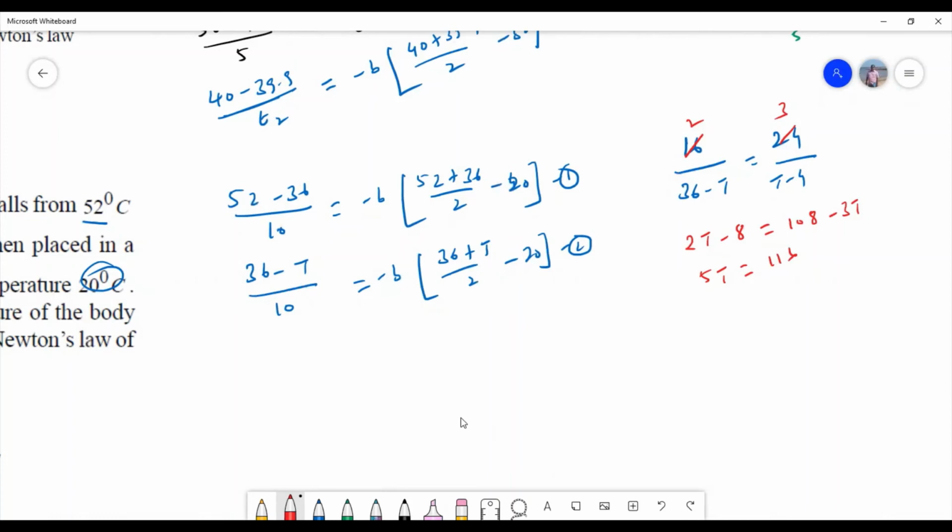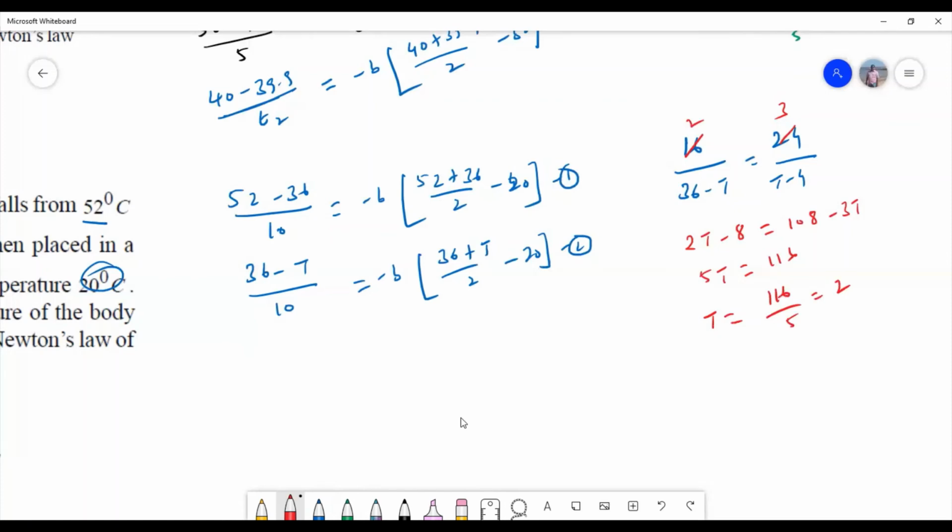If you cross multiply that, we get 2t minus 8 is equal to 108 minus 3t. Correct. 5t is equal to 116, so t should be equal to 116 upon 5.